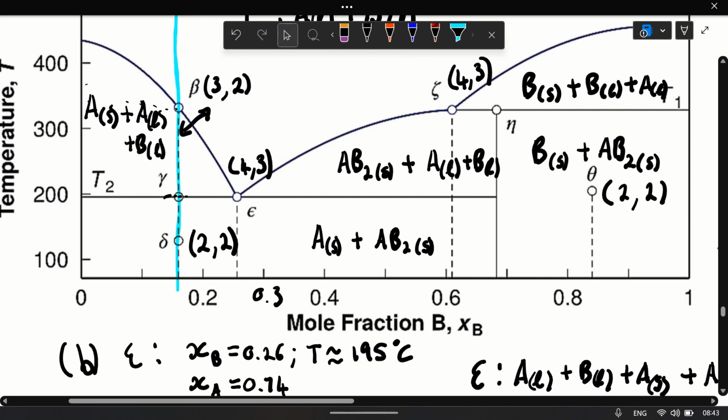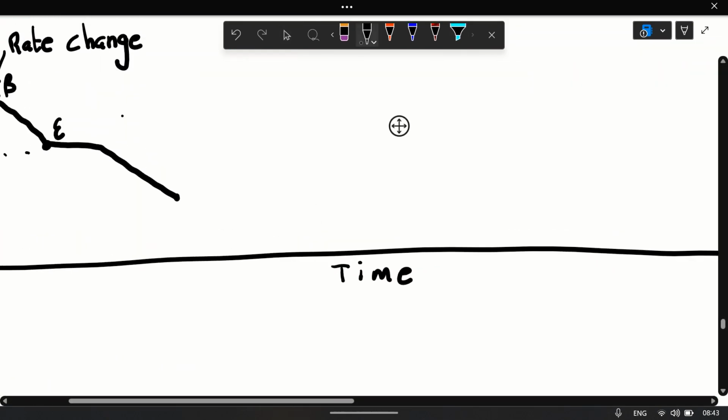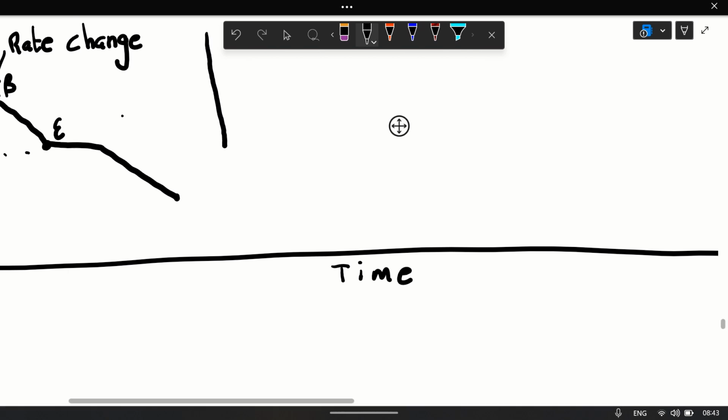The next one we're asked about is at epsilon, so that's at the eutectic. If we look at a cooling that happens at the eutectic, what happens? It will cool down until it reaches the eutectic temperature, and then it will transition from liquid to solid, and then cool down again.